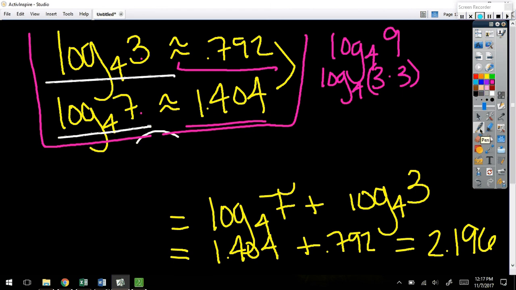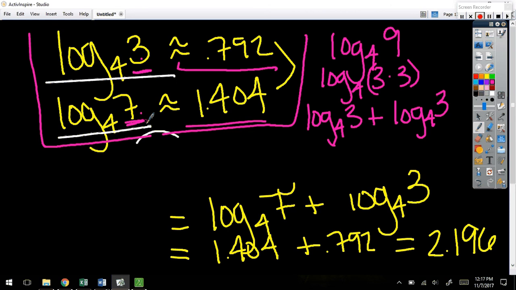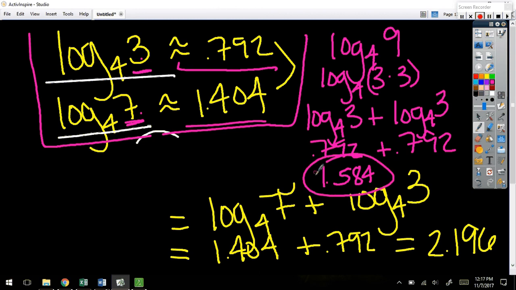Log base 4 of 3 plus log base 4 of 3, which is 0.792 plus 0.792, 1.58 something.